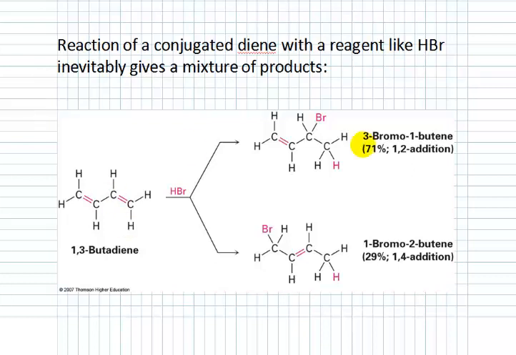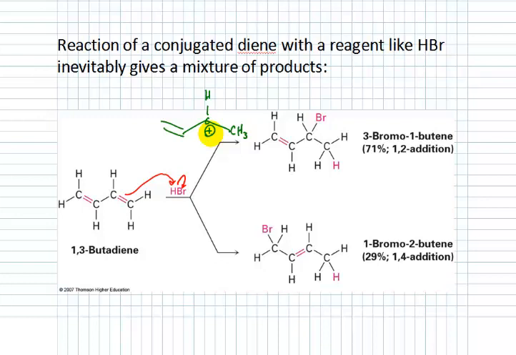So the first product that we have here simply results from attack of these pi electrons on the H, giving us a carbocation. Let's draw that carbocation intermediate right there. We have a secondary carbocation, just like that.